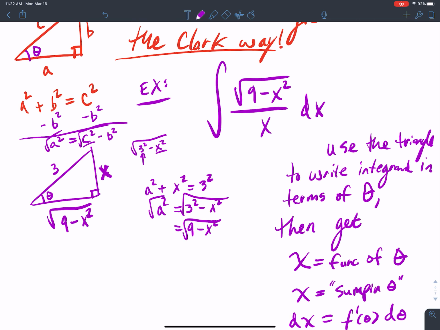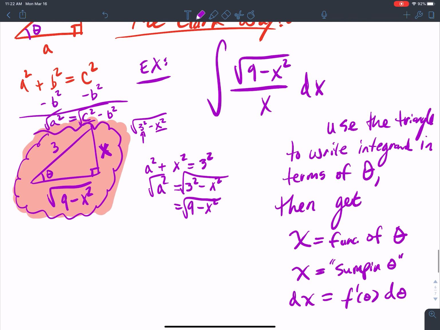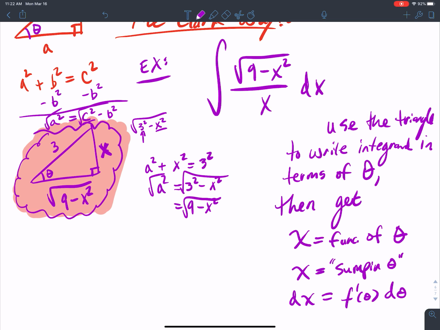So that's the third side. Here is all the information that we need. This is the important stuff. This is our triangle dictionary. In trig substitution, it's all about the triangle. Now we try to replace each piece in here.